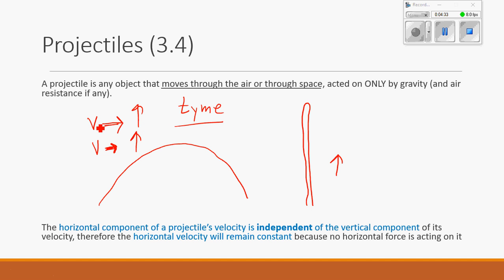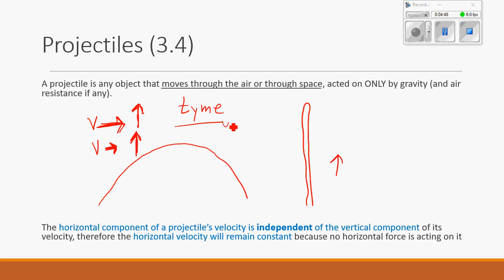Because it doesn't matter how fast or slow I kick something horizontally, the time in the air has only to do with the vertical velocity.